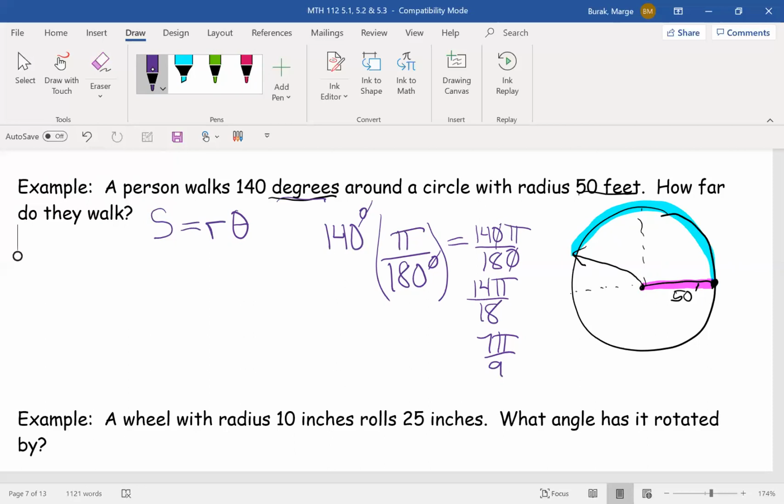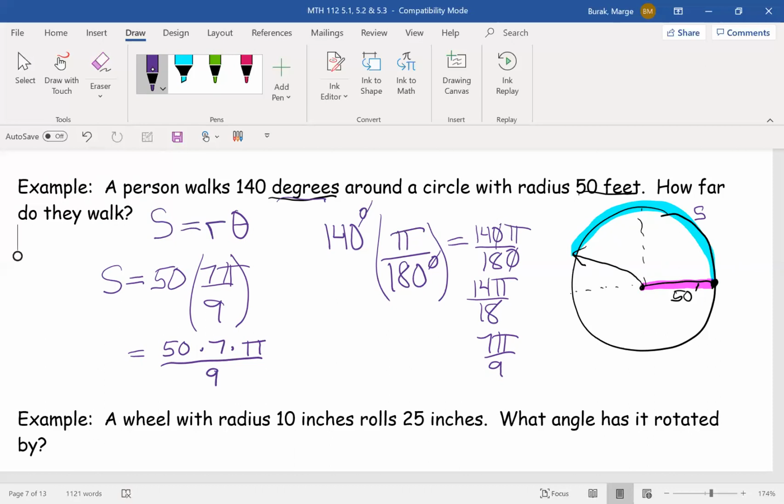Okay, so we're looking for S. We don't know how long that is. So S equals, the radius is 50 feet, and the angle is 7 pi over 9. Now at this point, I'm going to take my calculator, and I'm going to multiply 50 times 7 times pi, and then I'm going to divide it by 9.